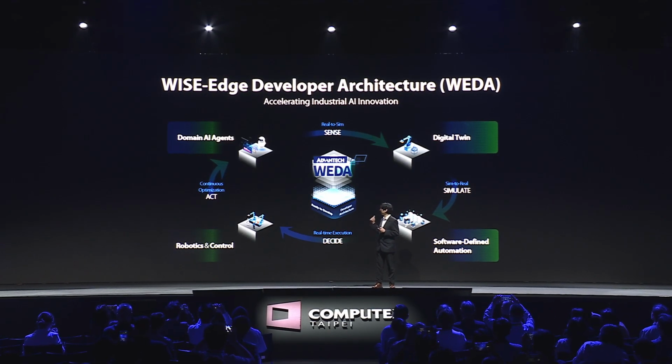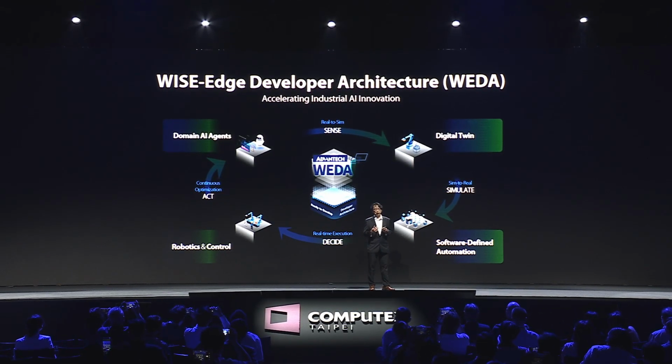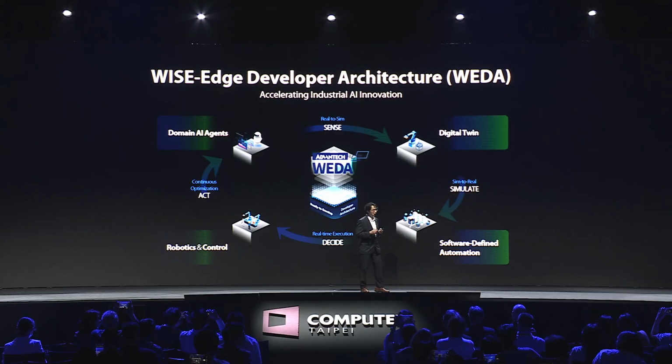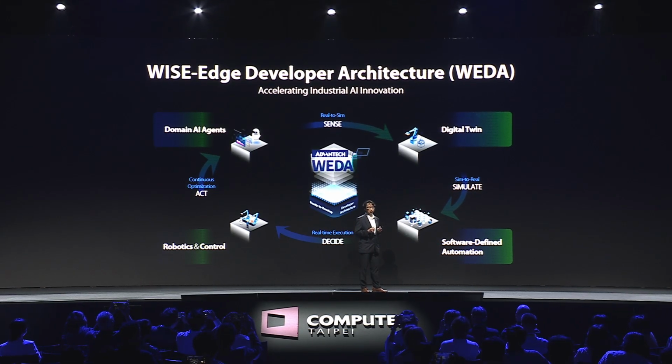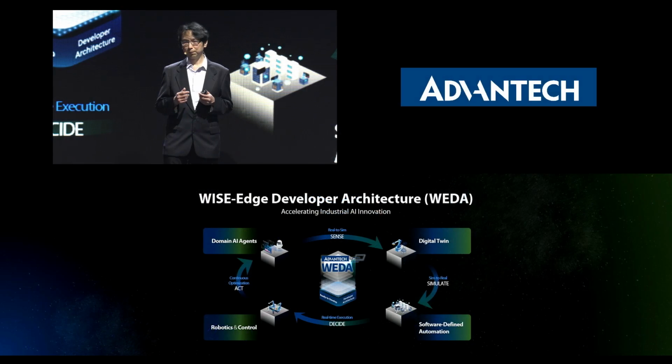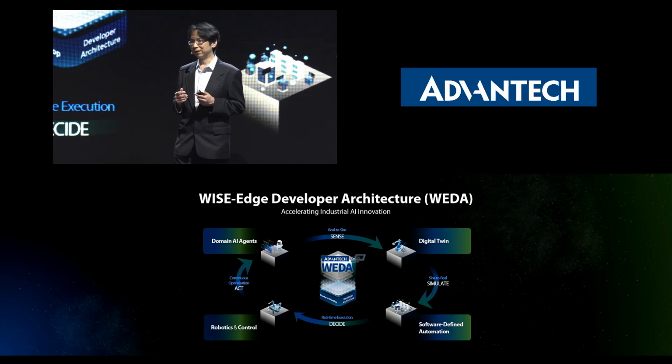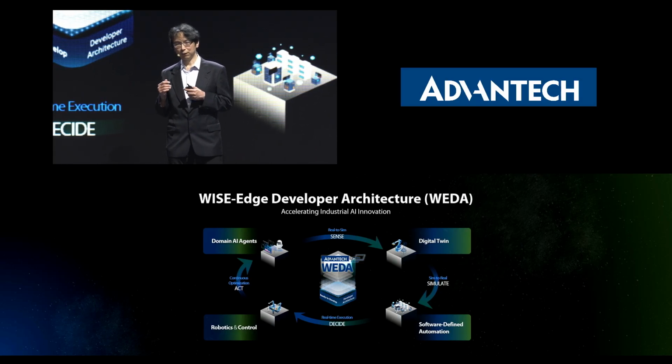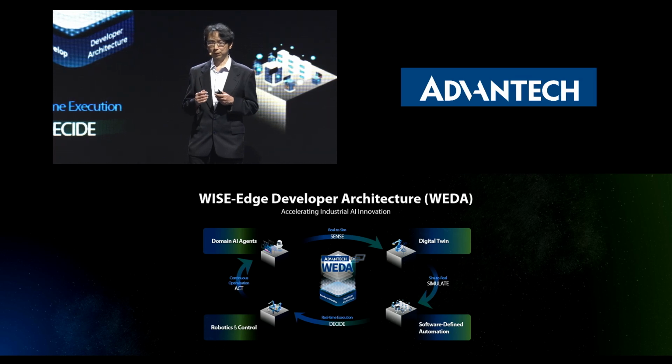The first part is the digital twin. We can train and test AI models in this virtual world. And WEDA implements the digital twin protocol to bridge the virtual world and the physical world.